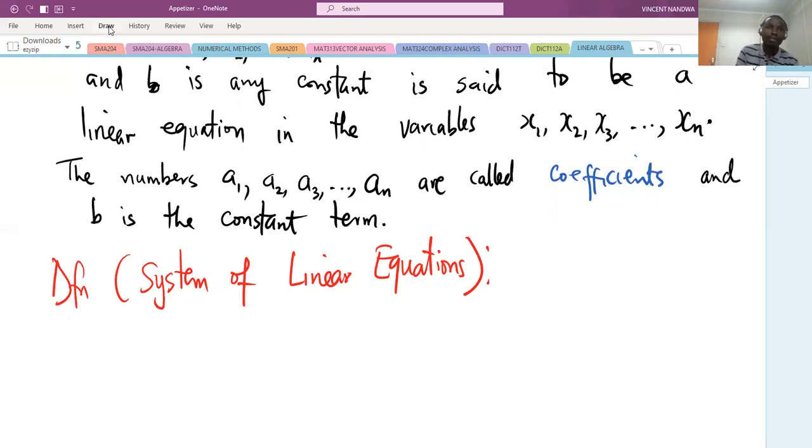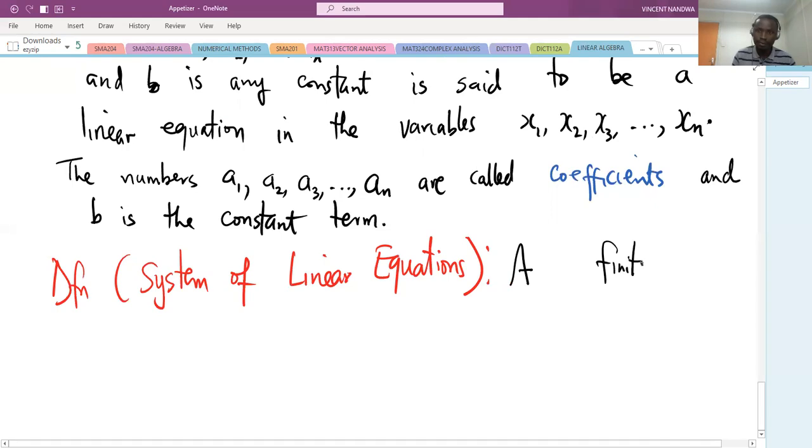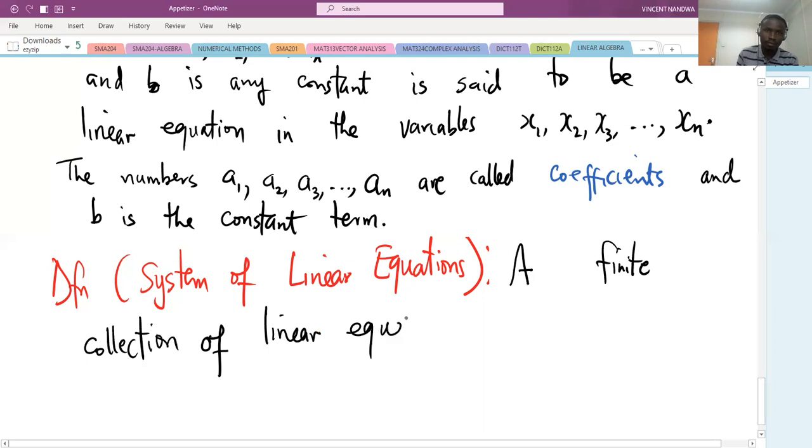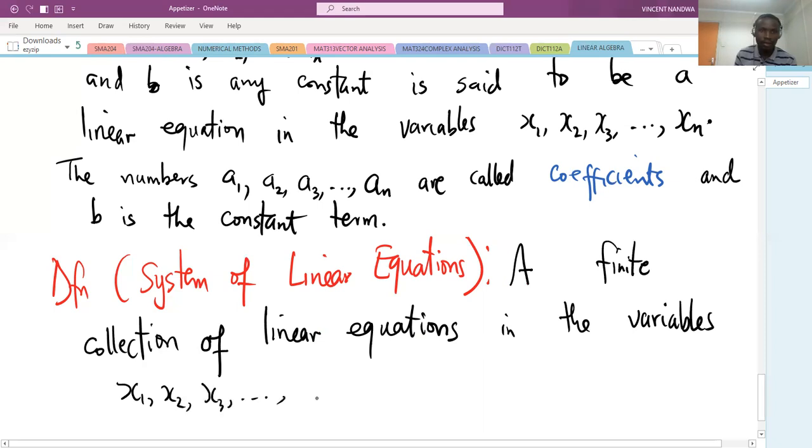So this one is defined as a finite collection of linear equations in the variables x1, x2, x3 up to xn is called a system of linear equations.